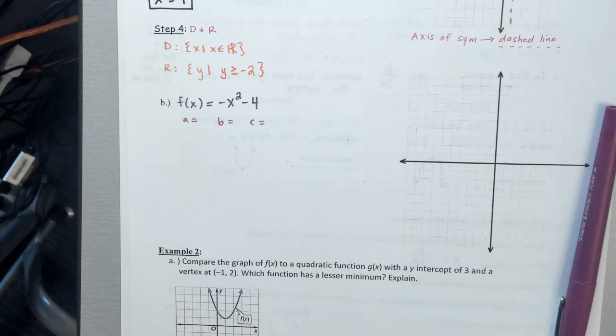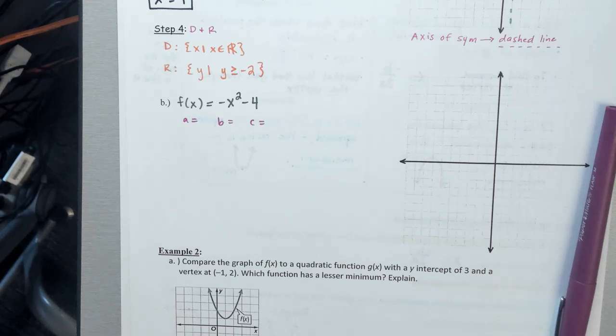Once you have your A, B, and C, you can go ahead and plug that in to find the x coordinate. From there you can set up your table. Your A value is always in front of what?